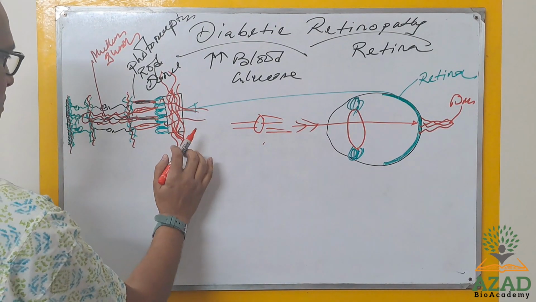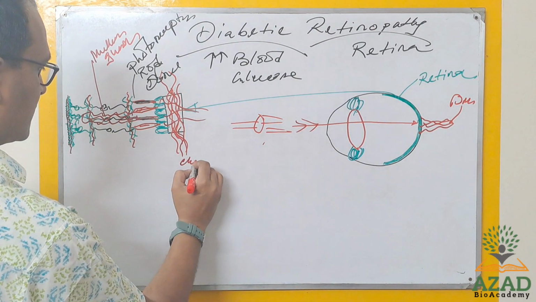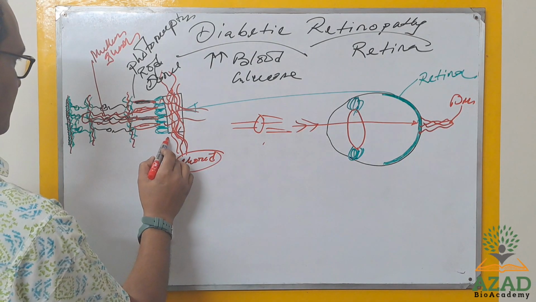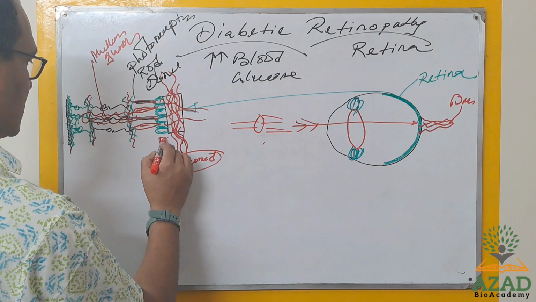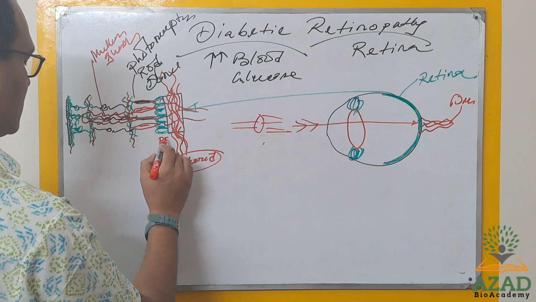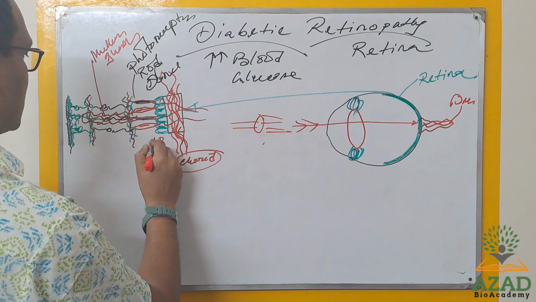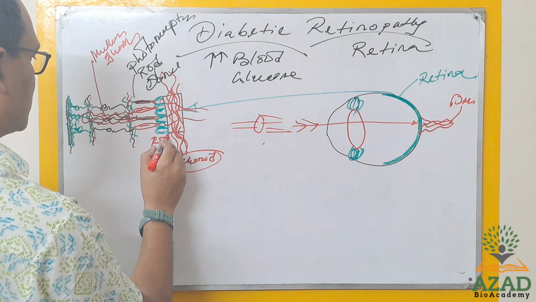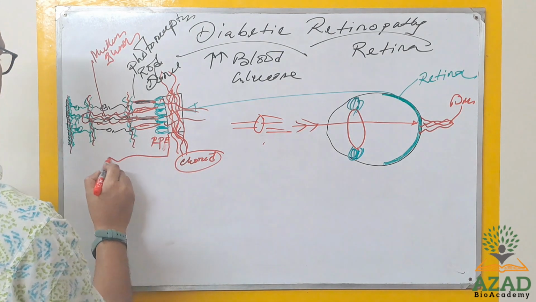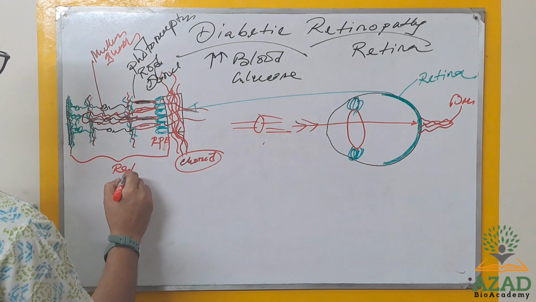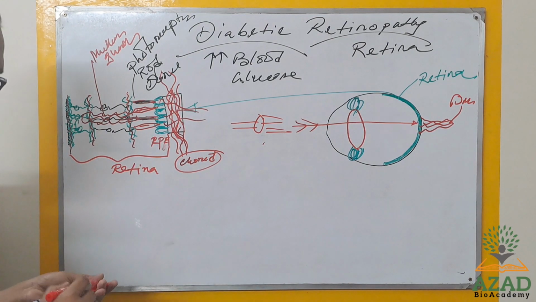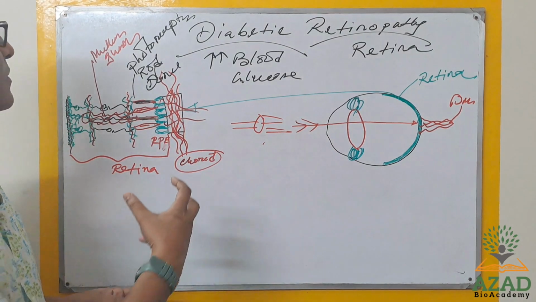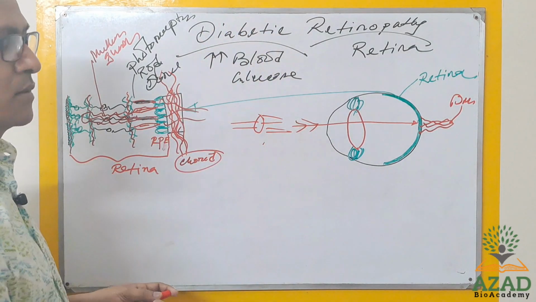So just not the choroid layer. This is not a part of the retina. From the retinal pigmental epithelium, from this part to that part is the retina. So where may problems arise from excessive blood sugar?